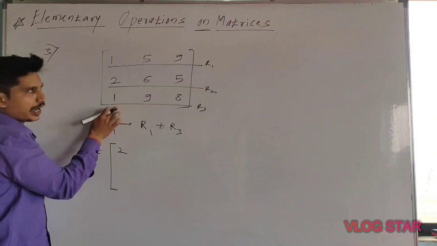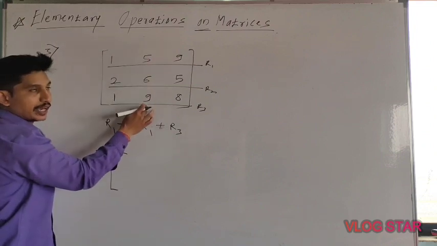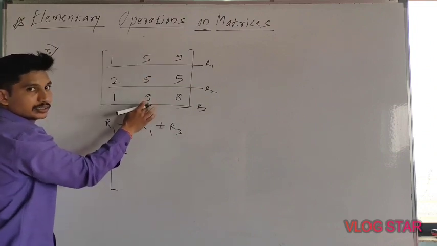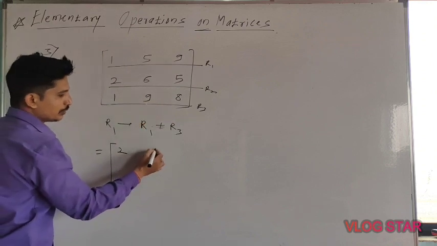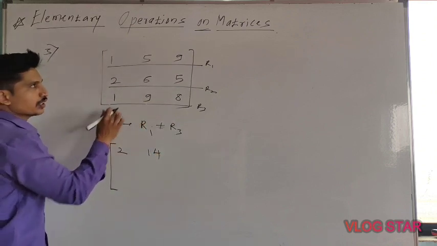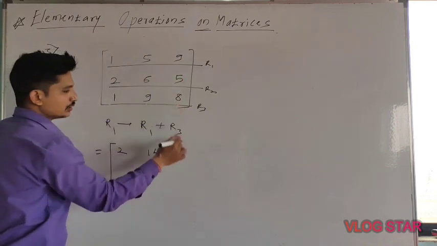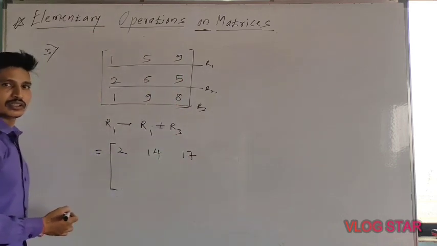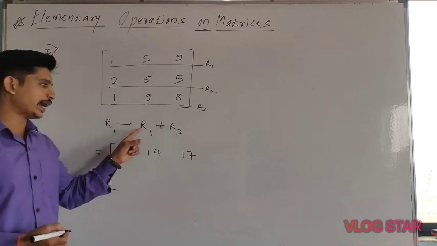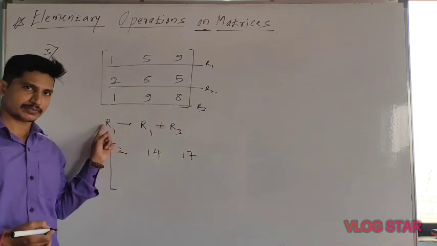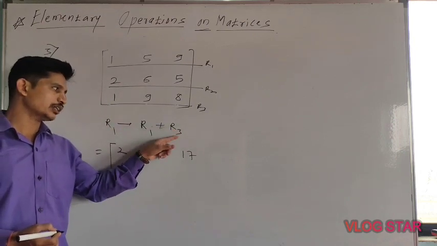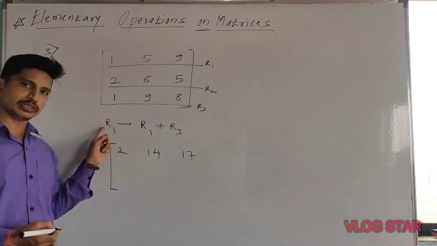First and first element you add, second and second element you add, third and third element you add. 9 plus 8, 17, in row number 1. So I am adding and writing the result in row number 1.